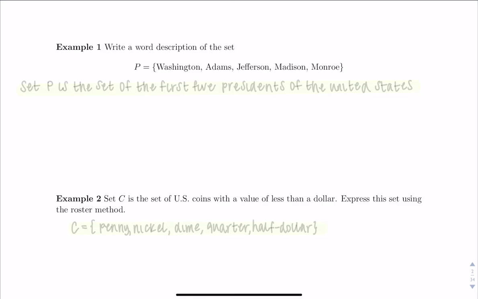So to write a word description, we'll just say that set P is the set of the first 5 presidents of the United States. So we're just describing what the set is.